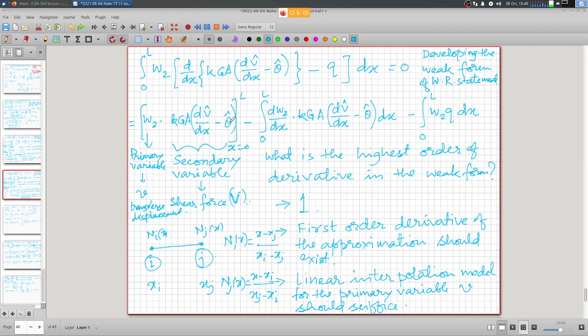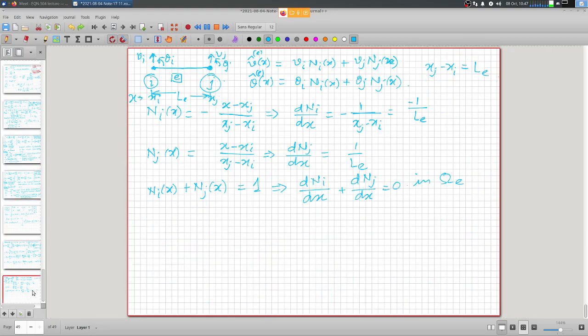They are known functions of x, and they can be evaluated in the given range of xi to xj, and equilibrium equations can be established, and eventually you will end up with 4 equations for 4 unknowns.